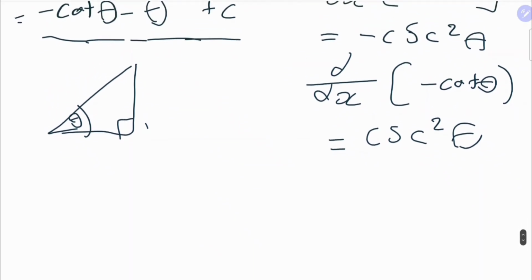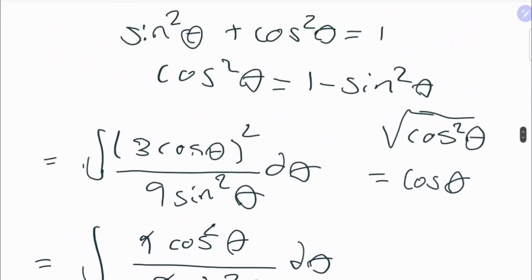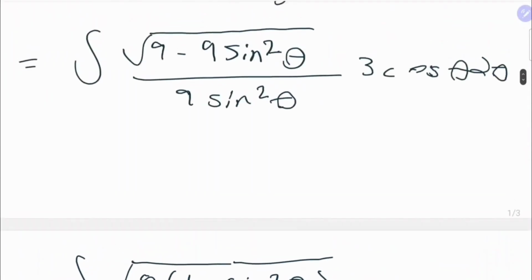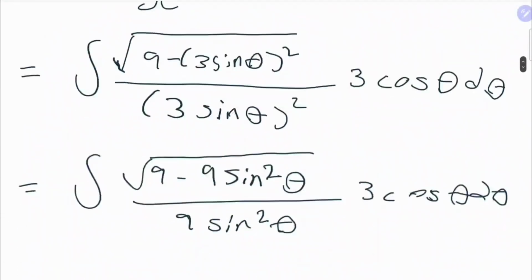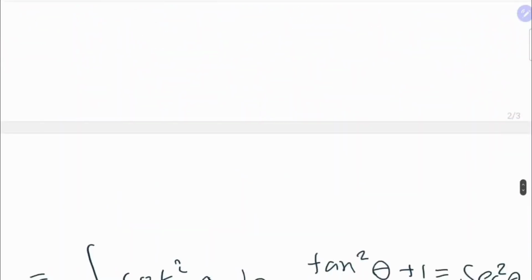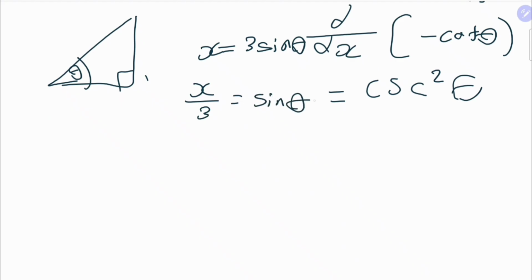Okay, so our starting formula was x is equal to 3 sine theta. So let's write that. X equals 3 sine theta. Okay, so that means that x over 3 equals sine theta.